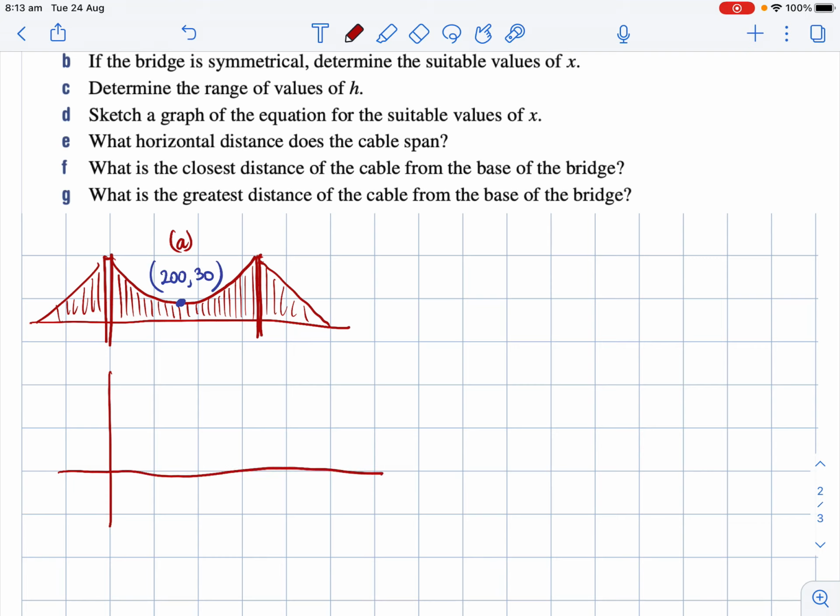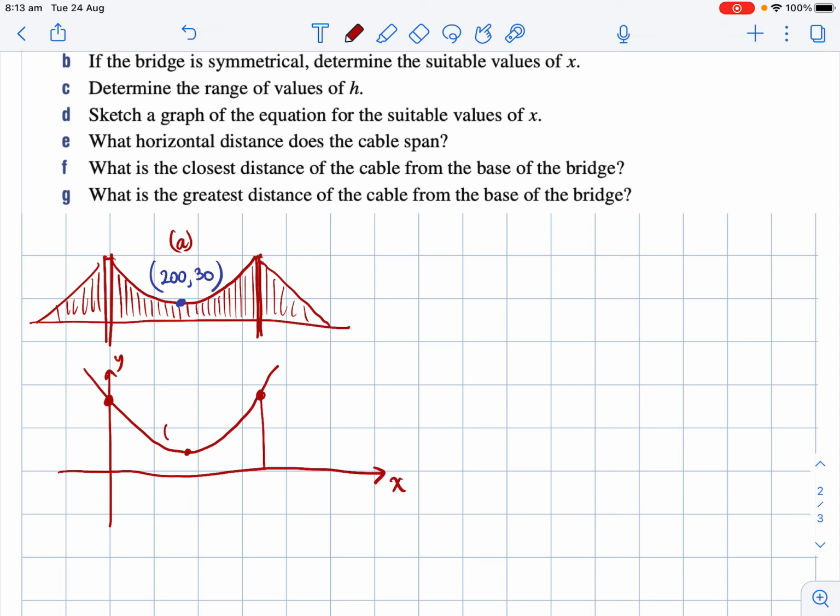Well, we know that the bridge is symmetrical, so it could be something like this when I put it on a graph. Now, if this is my x-axis and my y-axis, then I'm going to actually assume that my bridge is going to go from this point to some other equivalent point on the other side.